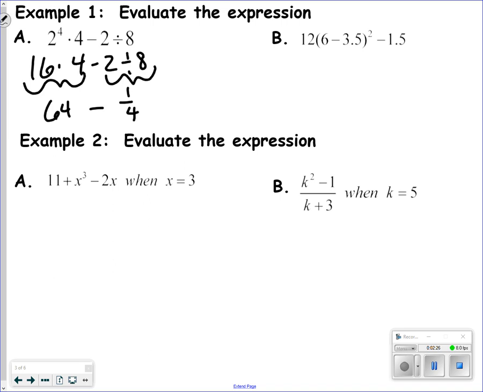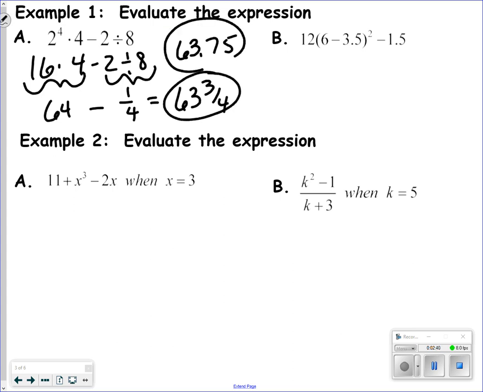So 64 minus a fourth would be 63 3/4, or 63.75. I would probably accept either one of those answers. You could also do that as an improper fraction, but it would be quite large.